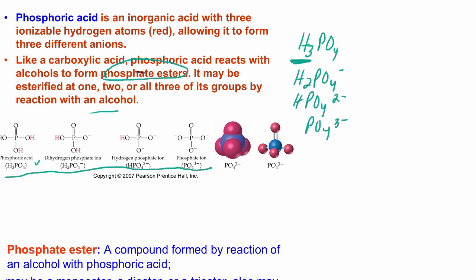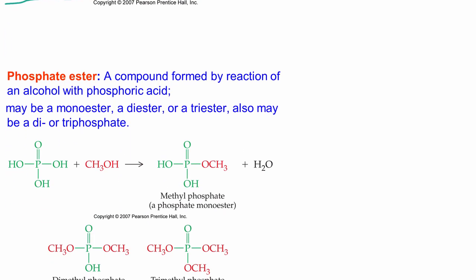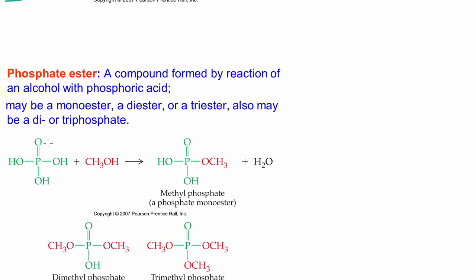So let's take a look at what a phosphate ester is. First, a phosphate ester is a compound formed by the reaction of an alcohol with phosphoric acid. So we might end up producing what we call a monoester, a diester, or a triester.